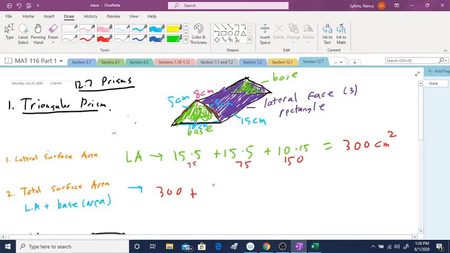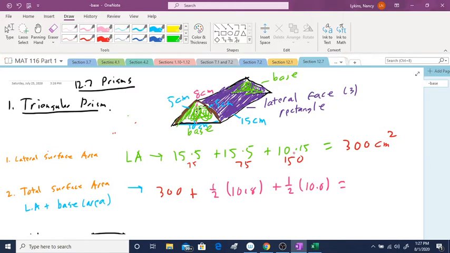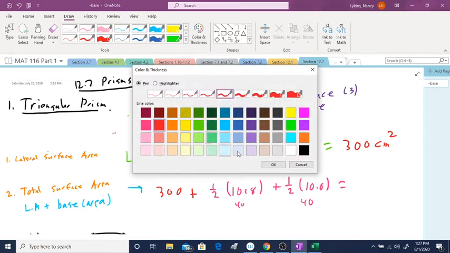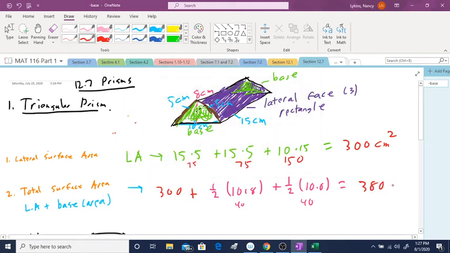So you would say 1/2 the base, which is 10, times 8, and we've got 2 of those. So then you would say, what's 1/2 of 80? That's 40. Another half of 80 is 40. And just add these up together, and you get 380 centimeters squared.